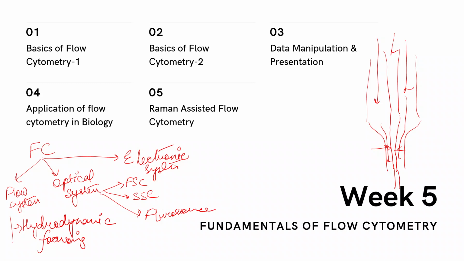Some of them are photomultiplier tubes, which work on amplification of the electrical signal, or you have avalanche photodiodes. Most of these are used because the signal is very low in magnitude, so you need some amplification to get an appreciable response.